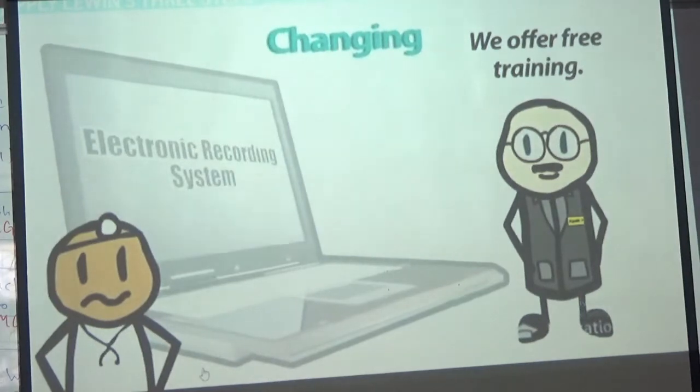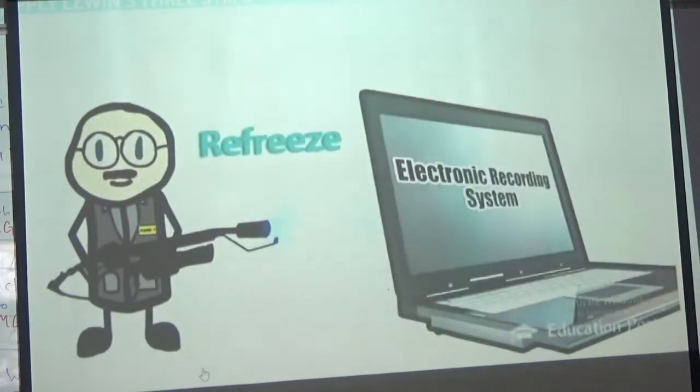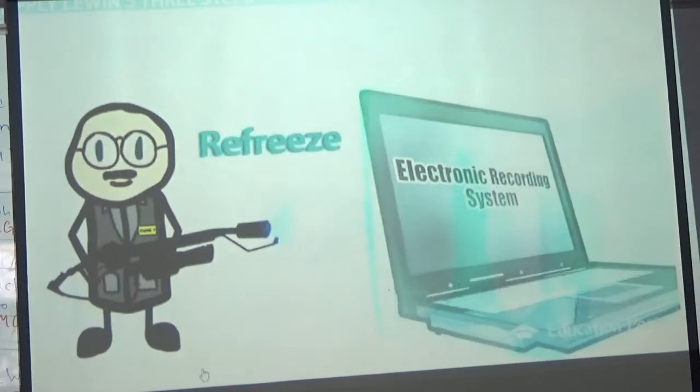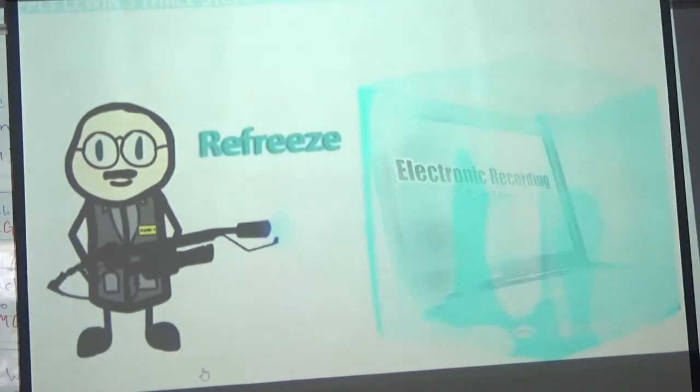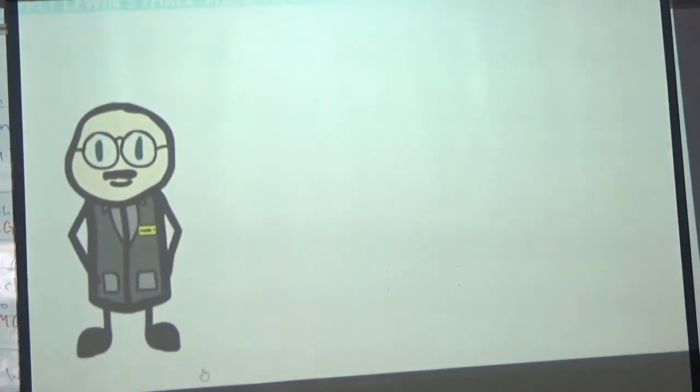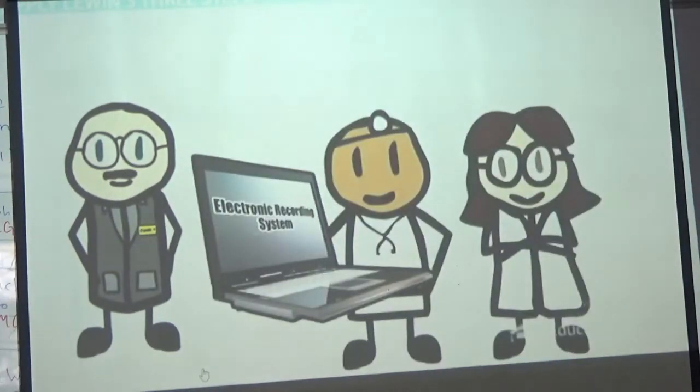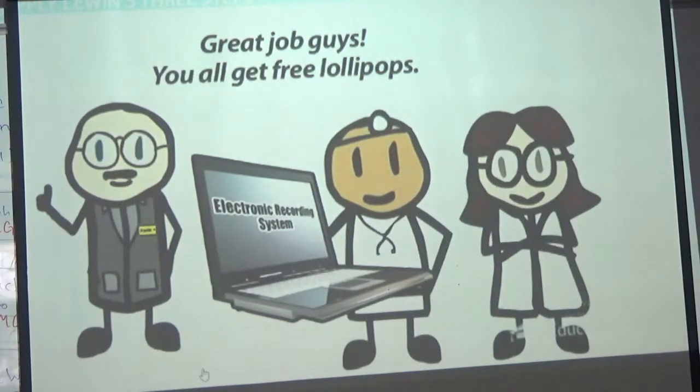Finally, Kitty management will need to refreeze the new method of recording into the organization's culture, making certain that the staff recognizes the electronic system as the new norm and the manner in which they will record patient information going forward. The management team should also recognize the efforts made by the staff members to learn and use the new system by offering them some sort of reward and praise.